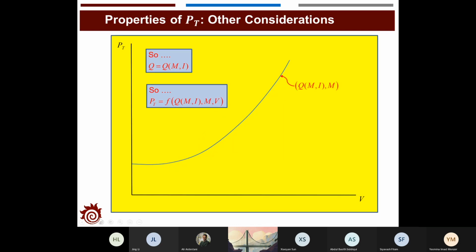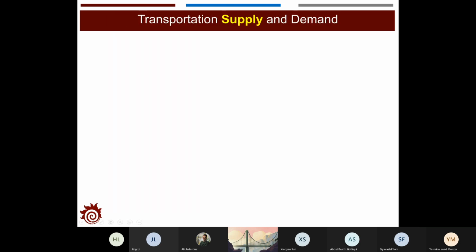And now we can put all of them together and get a single line to represent the relationship between the trip cost and the volume. For this line, this relationship is determined by the management strategy and also the investment. And so that would be the demand part.